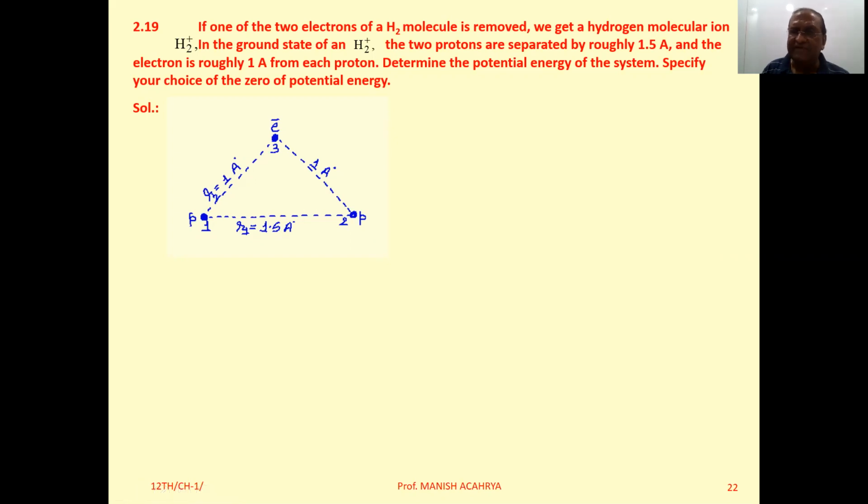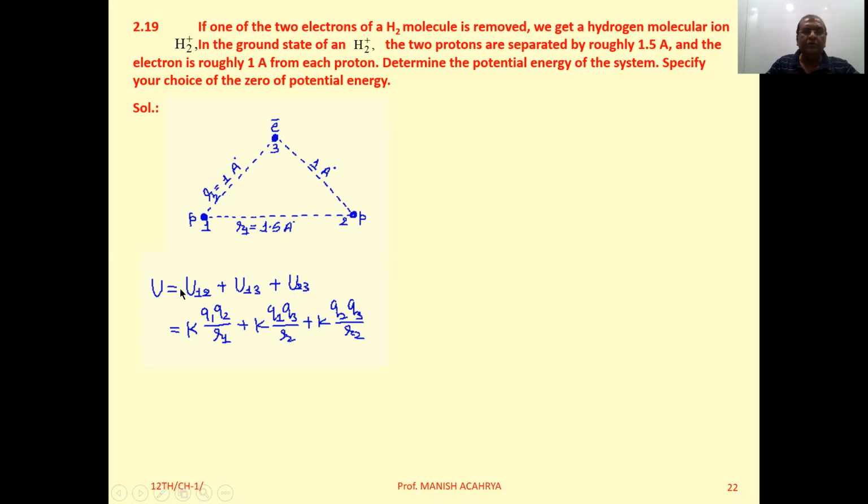For a system of 3 charges, the potential energy is U equal to U12, the potential energy of the system of charge 1 and charge 2, plus U13, the potential energy of charge 1 and charge 3, plus U23, that of charge 2 and charge 3.